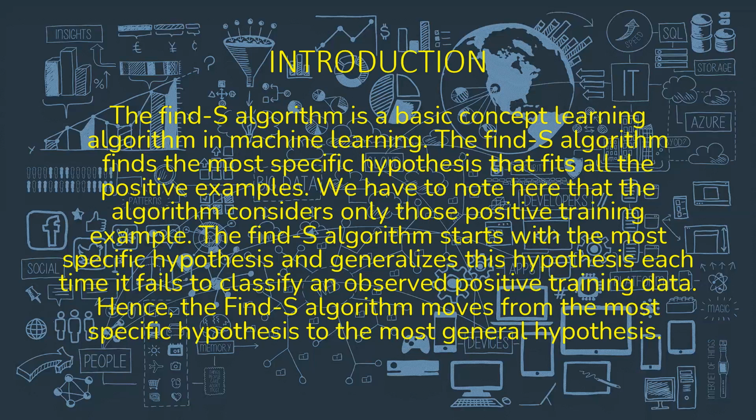Whenever data is given, it generalizes the hypothesis whenever it fails to identify the specific hypothesis in the data. Hence, the Find-S algorithm moves from the most specific hypothesis to a more general hypothesis due to the failing of the classification of observed positive training data.